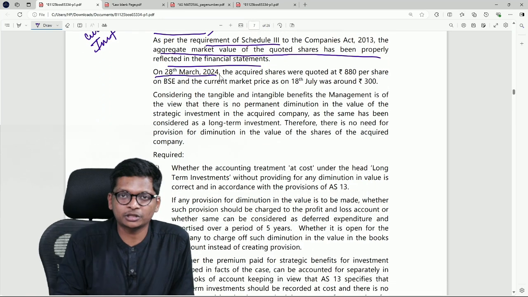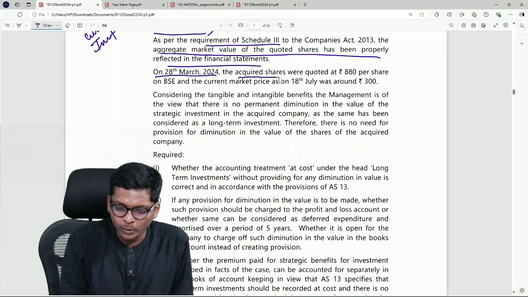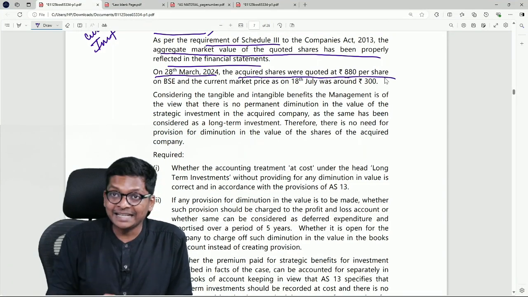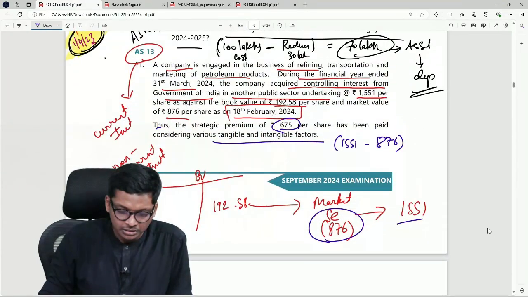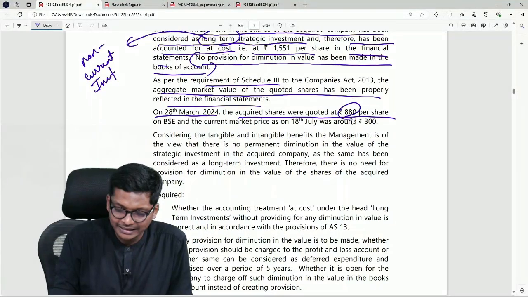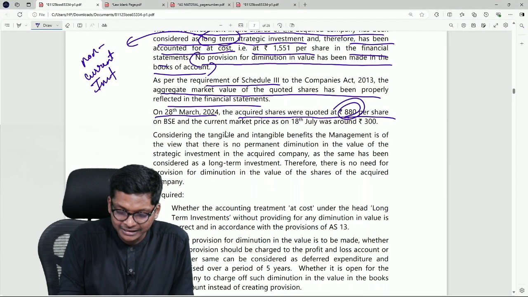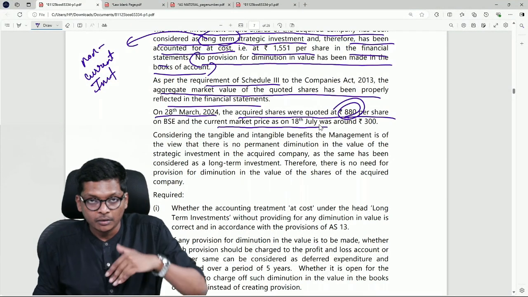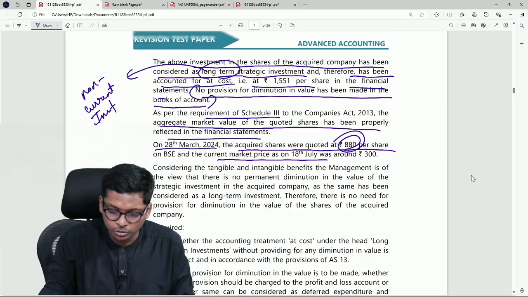On 28th March 2024, the acquired shares were quoted at 880 per share. So, this 876 became 880, and the current market price on 18th July, little later, this is March, look at this.